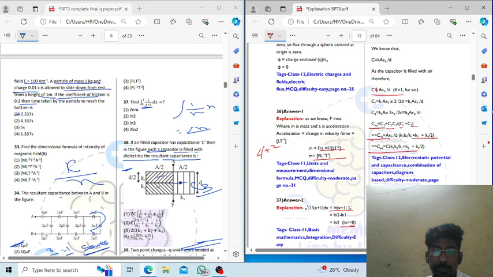So if you calculate this, C equivalent will become C into K1 K2 divided by K1 plus K2, plus K3 by 2. Just here the concept is what are in parallel and what are in series.